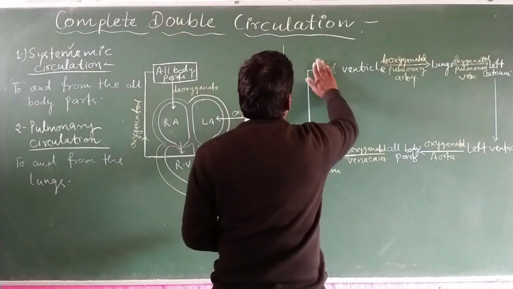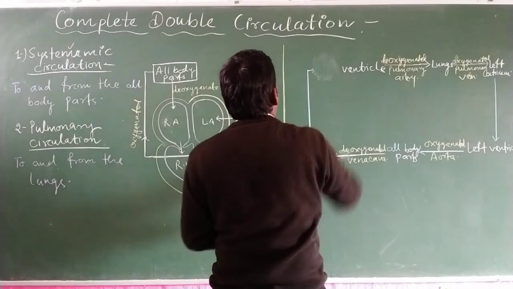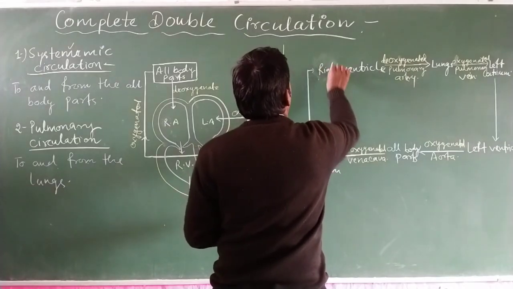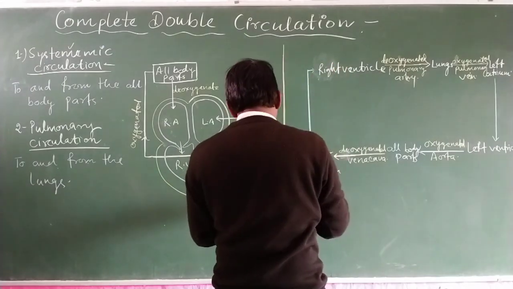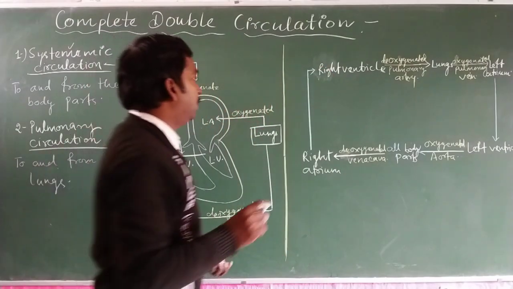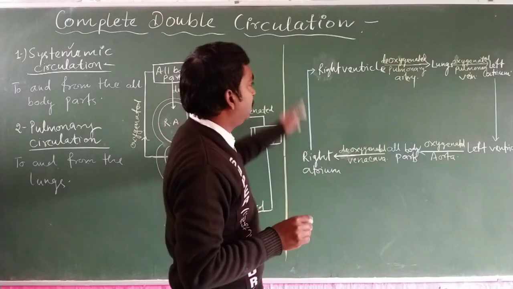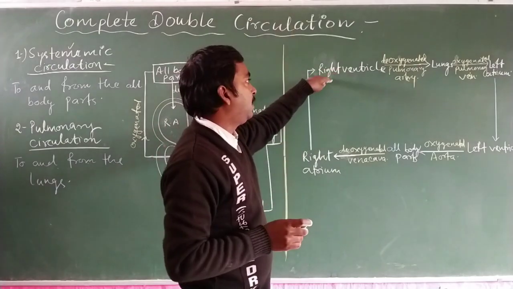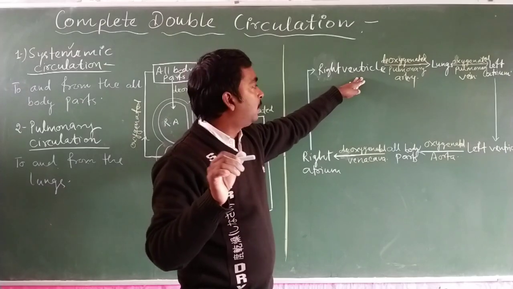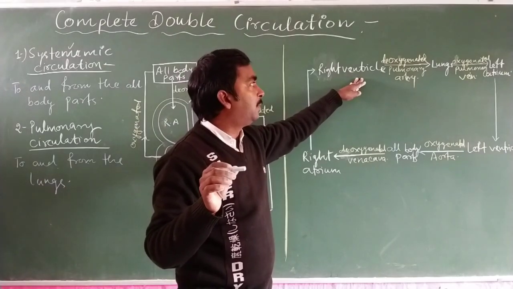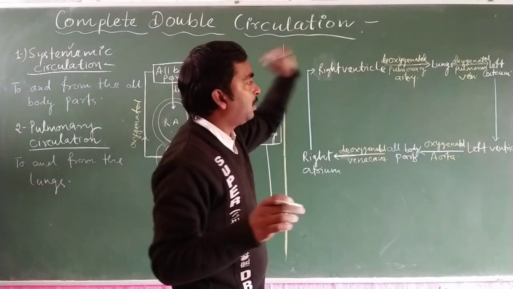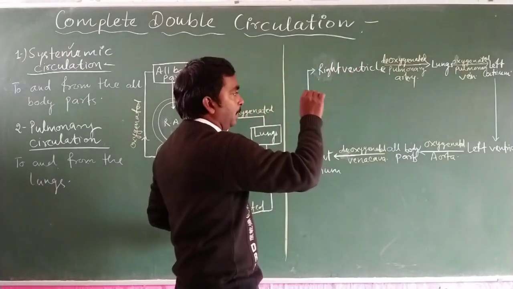Sorry for this error. From the right atrium we go to the right ventricle, because the right ventricle is the chamber of the heart which pumps deoxygenated blood through the pulmonary artery to the lungs.